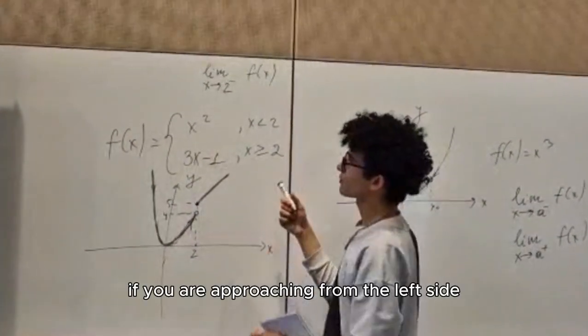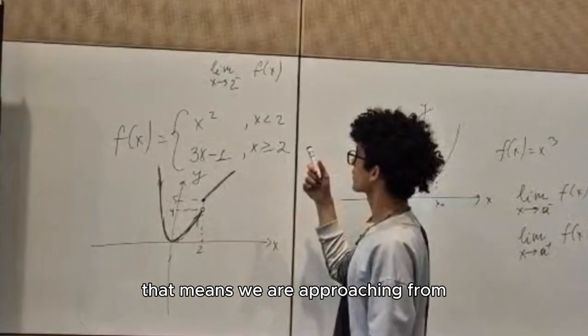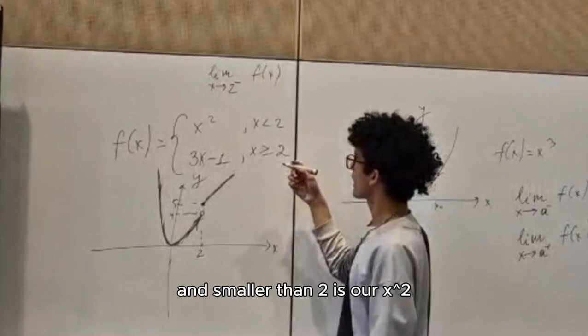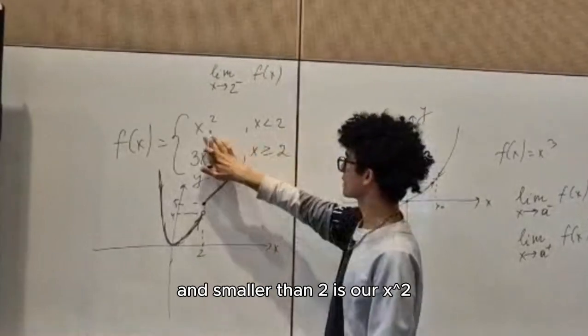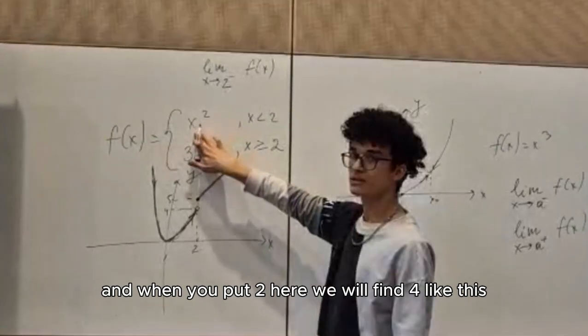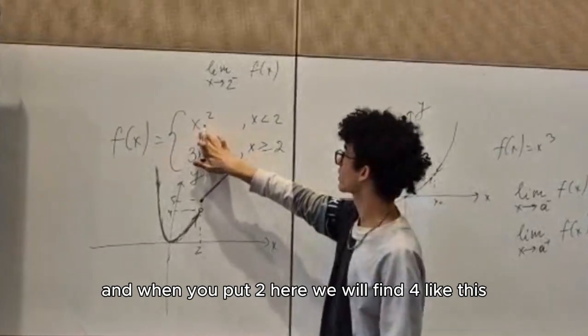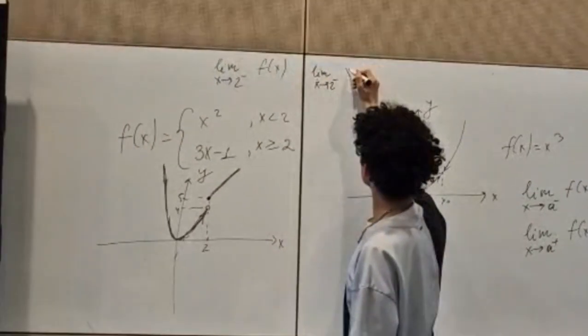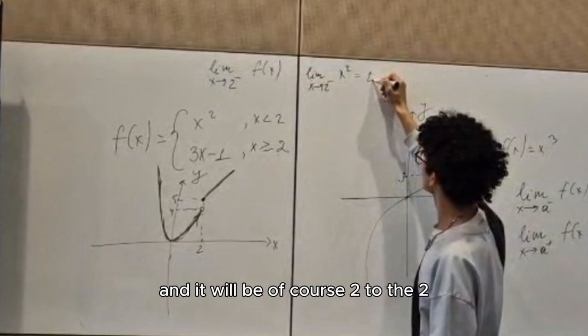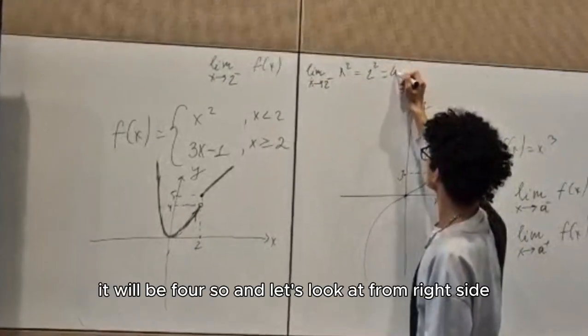If we are approaching from the left side, that means we are approaching a number which is smaller than 2. And smaller than 2 is our x quadratic. And when you put 2 here, we will find 4, like this. Of course, 2 to the power 2 will be 4.